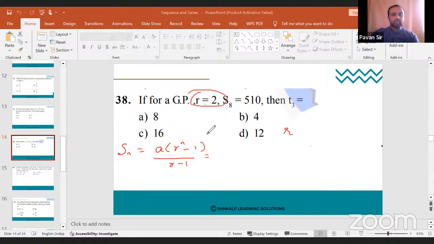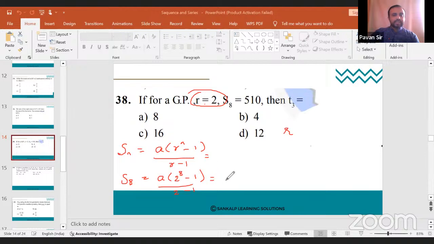R is equal to 2. S8 is known, 510. So what is the A term here? A term is unknown, but R is known, R is 2, and n is 8. Sn is as good as S8. So it is over 2 minus 1.